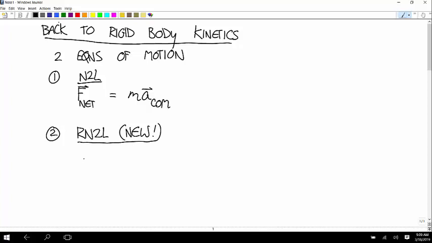And this is the one that says add up all the moments about A, the point A. That's equal to the mass moment of inertia about A times the angular acceleration, not angular velocity, and that's a vector.